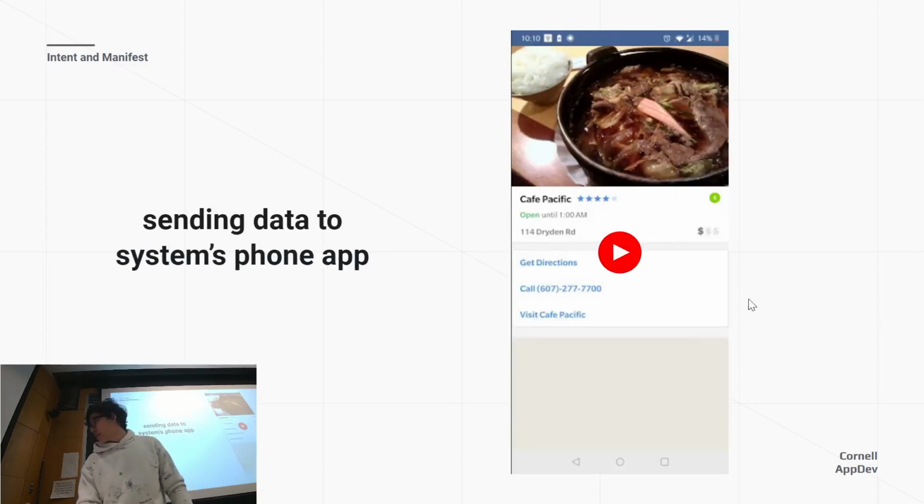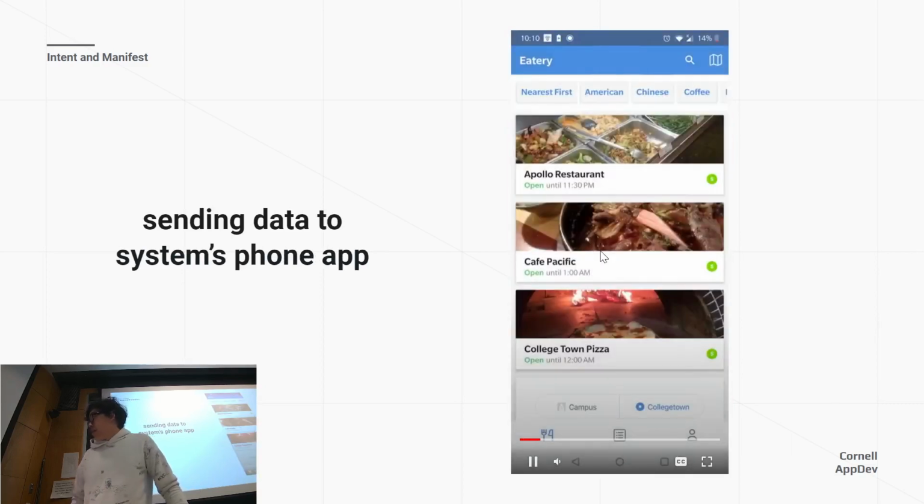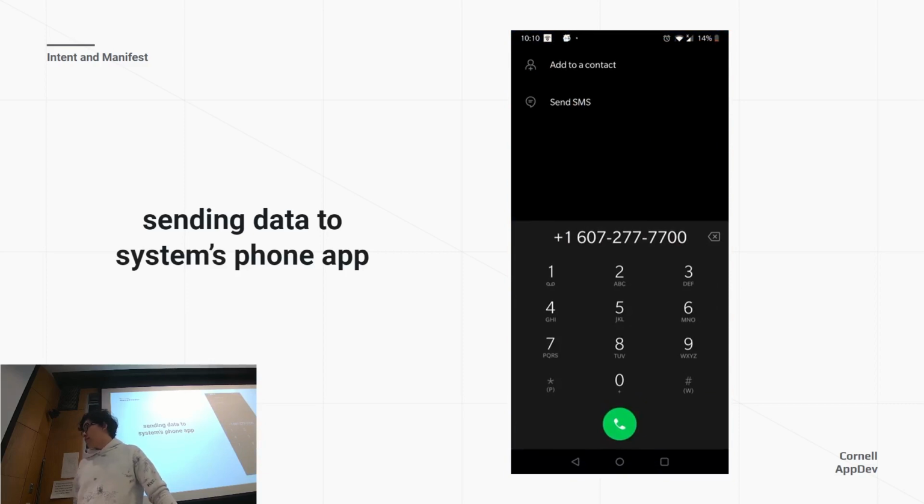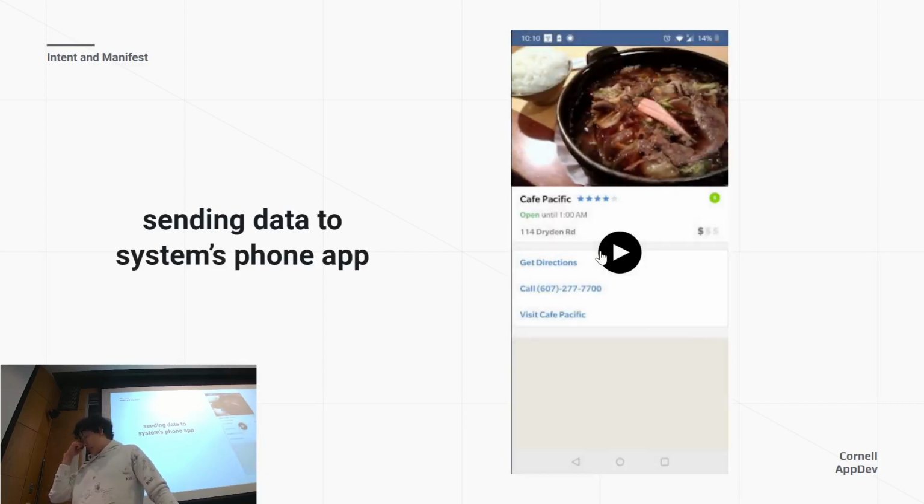Next, we have sending data to the system phone app. So you see here, when you do call number, it will pull up the actual app to call the number.